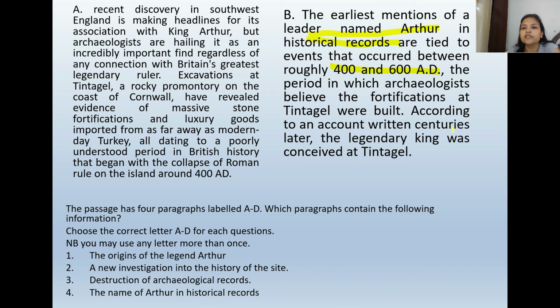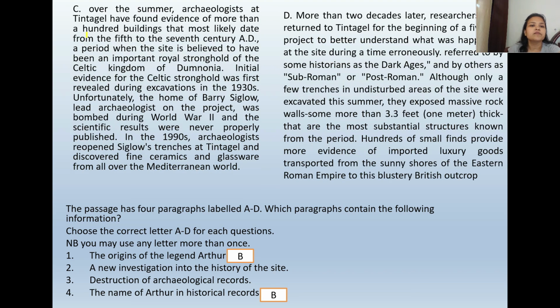According to an account written centuries later, the legendary king was conceived at Tintagel. So the name of the author is here: the origin of the legend of Arthur. Yes. And the new investigation into the history of the site. The origin of the legend of Arthur. And the last one, where the name originates. So it would be B. Nothing from A.